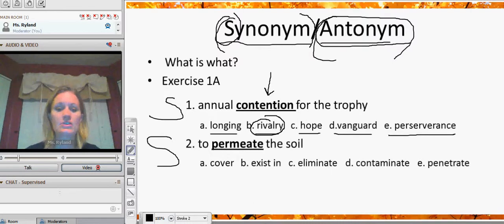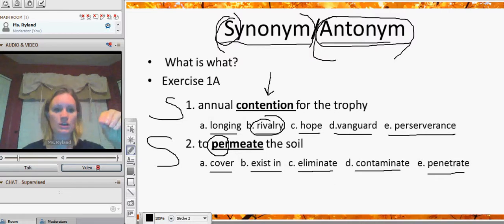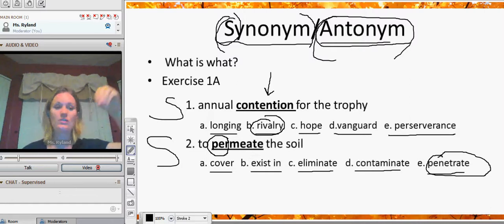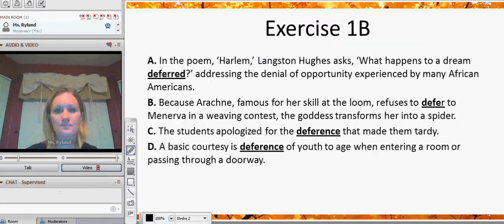Does it mean to cover the soil, exist in the soil, eliminate, contaminate, or penetrate the soil? When you learn about this Latin root of per, it means to go through. So if you're going to penetrate or permeate the soil, probably you're going to plant a seed, you're going to go through the soil. So remember, synonym means similar, antonym means opposite.